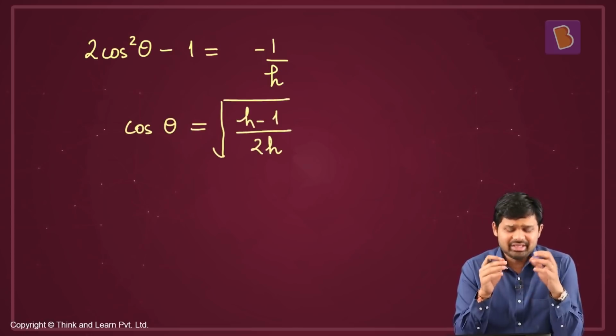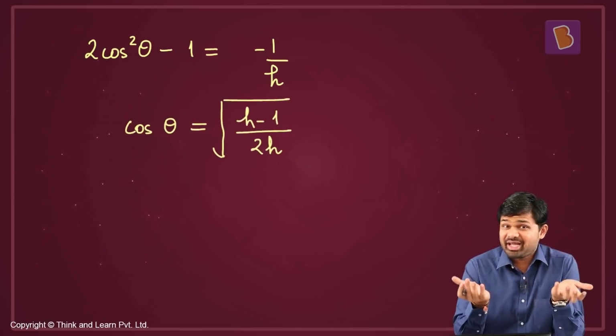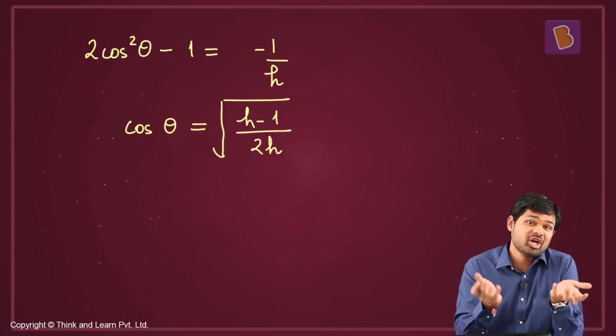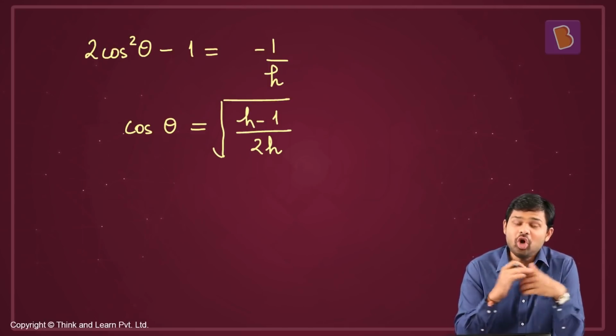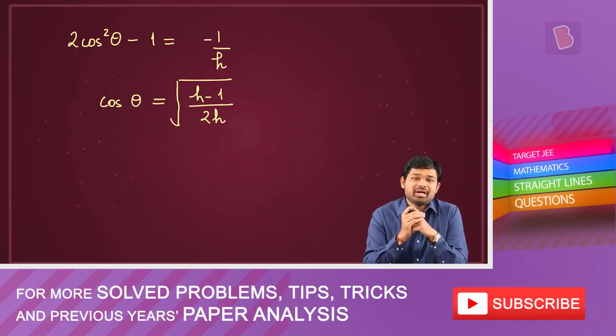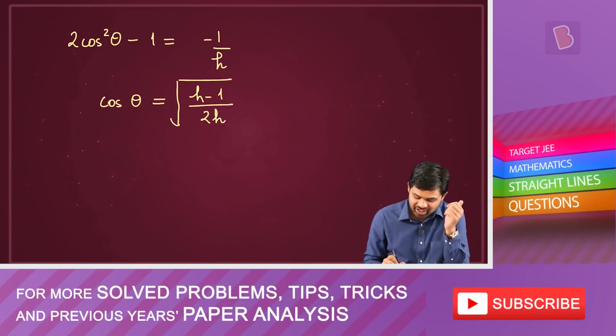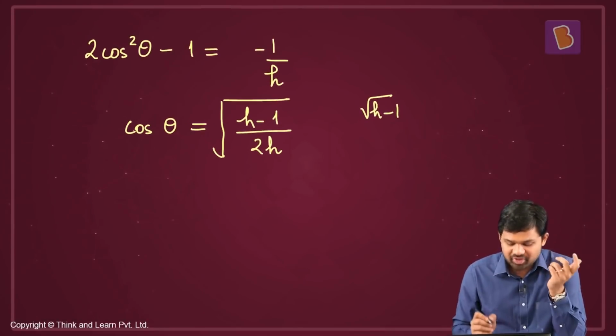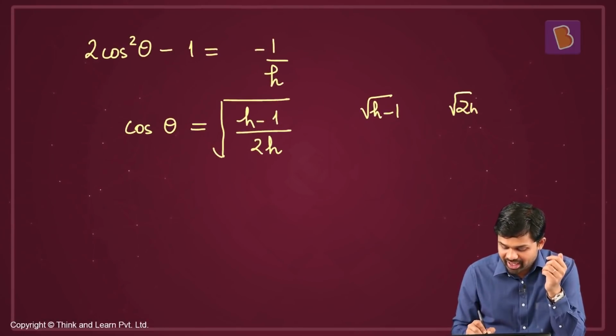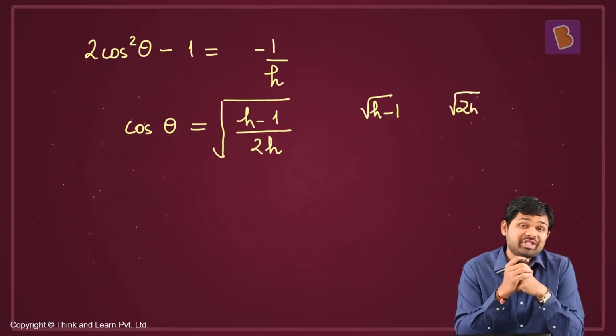So if cos theta is under root of h minus 1 by 2h, again the options are not going to help us with this. So probably let's look at what are tan and cot, because the options have tan and cot also. So if cos theta is root of h minus 1 by 2h, this means that the adjacent side has h minus 1 into some m, and the opposite side is root 2h, again with an m. So now what is the value of tan theta?